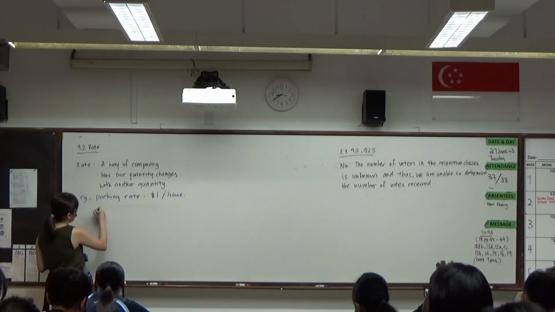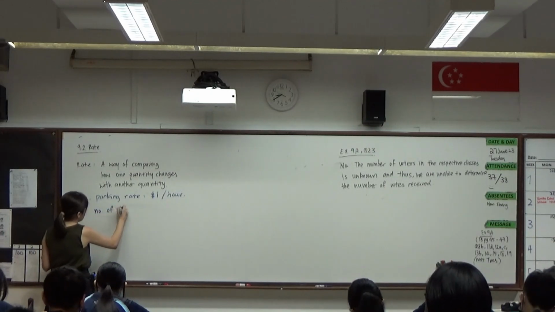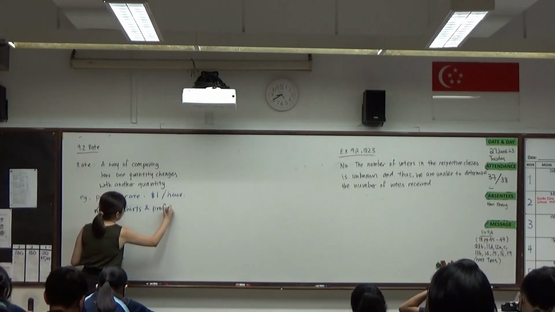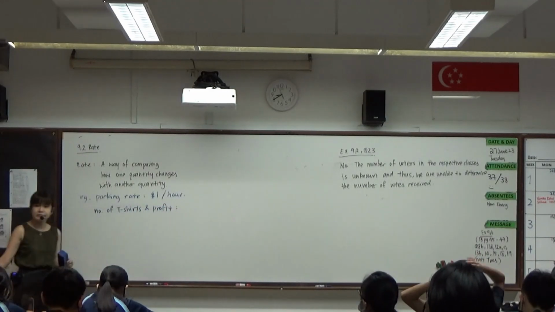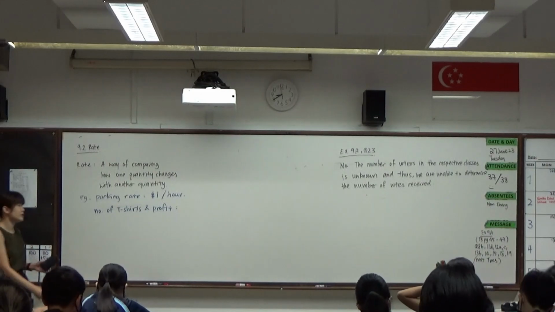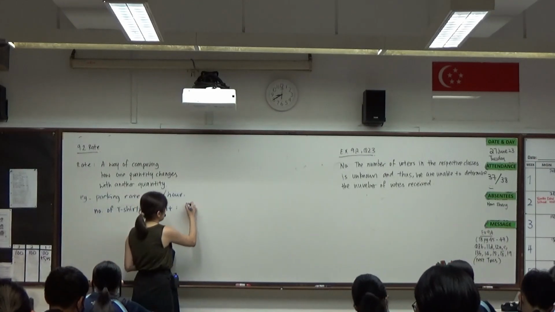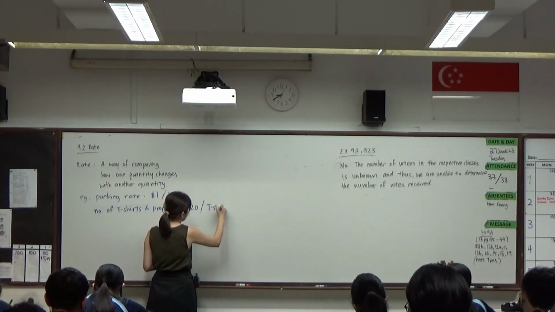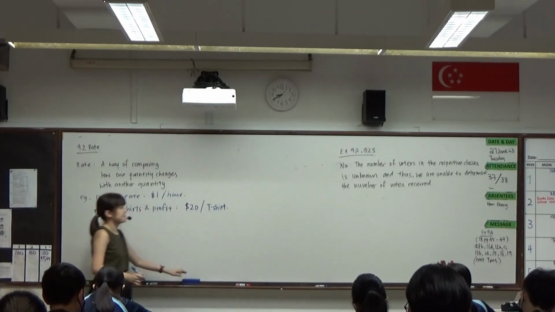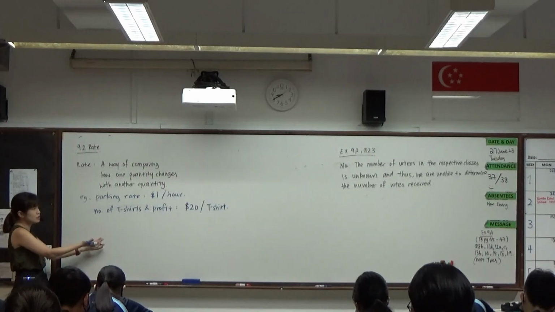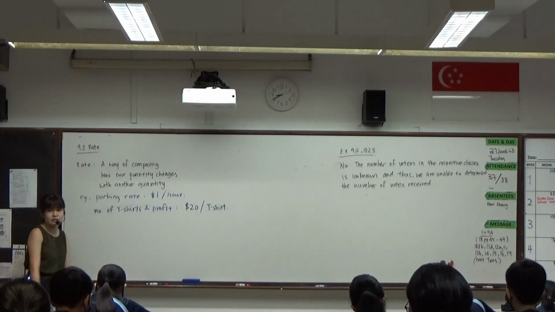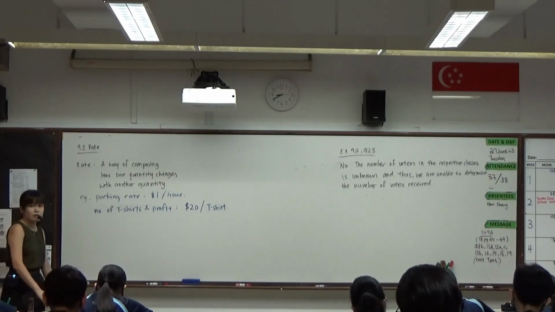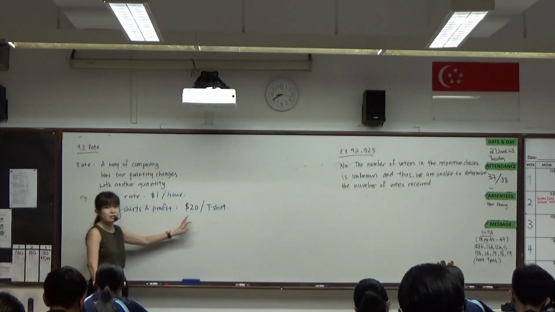We talked about the number of t-shirts and profit. Our graph question. Maybe you earn about $20 per t-shirt sold. So for every one t-shirt you will earn a profit of $20, for example. I don't remember the question from yesterday. So this is also considered a rate itself.